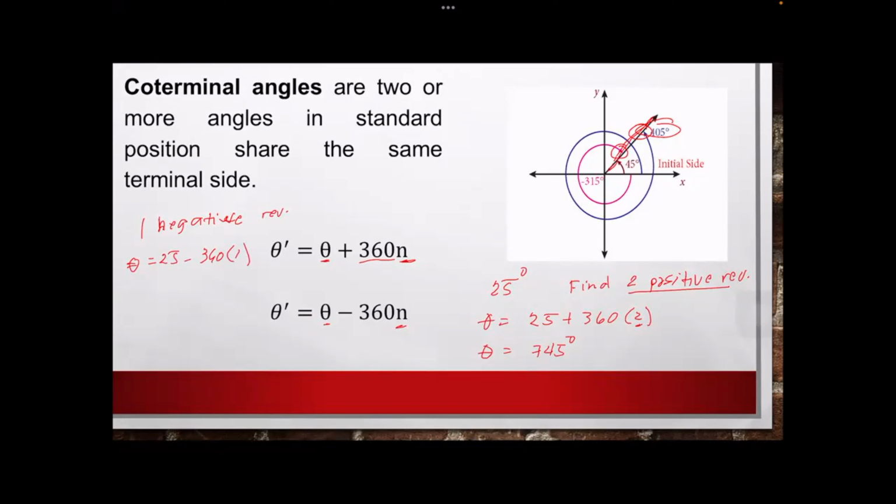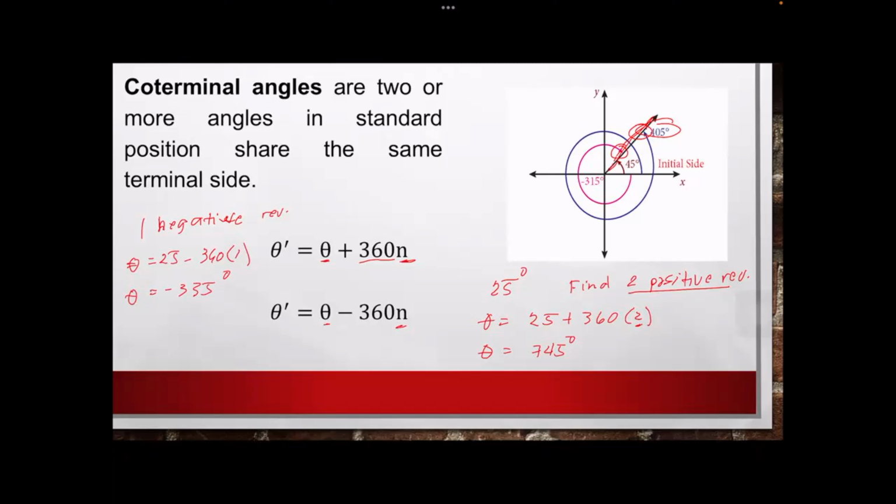Bakit siya 1? Kasi 1 negative revolution lang. So, theta is equal to 25 minus 360. The answer will be negative 335 degrees.